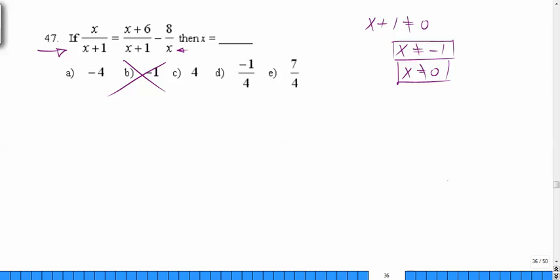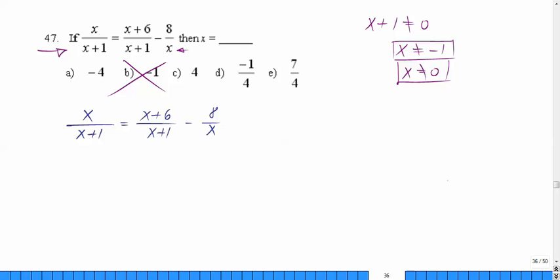Let's rewrite our expression. X over x plus 1 equals x plus 6 over x plus 1 minus 8 over x. Because I have a rational equation with denominators, I will try to remove my denominators.